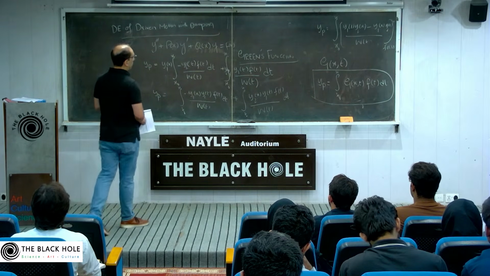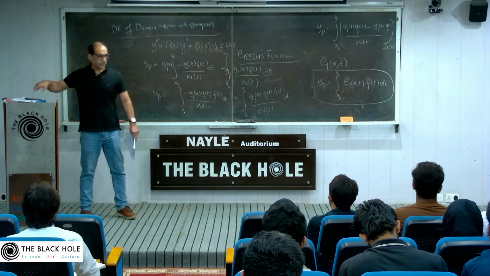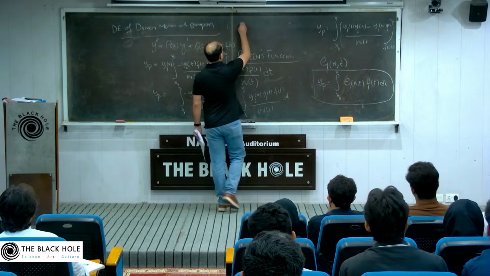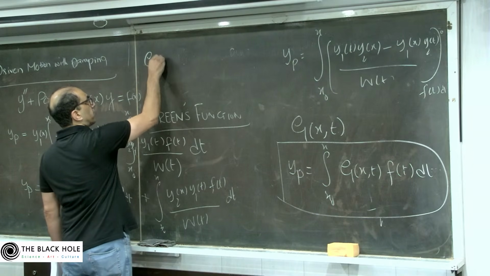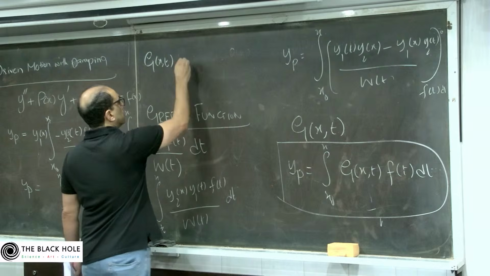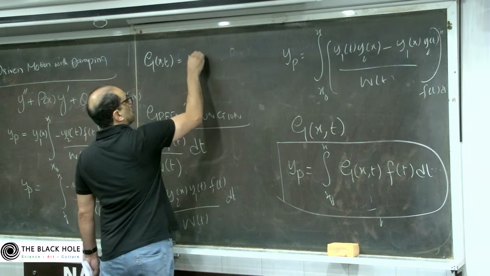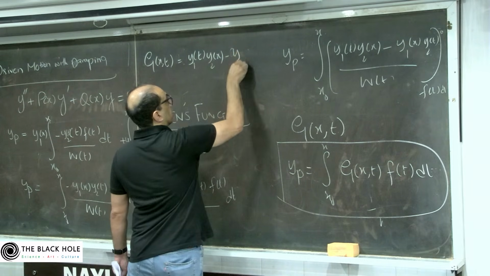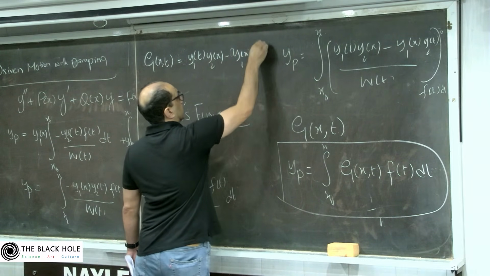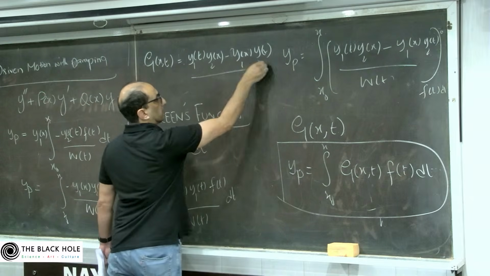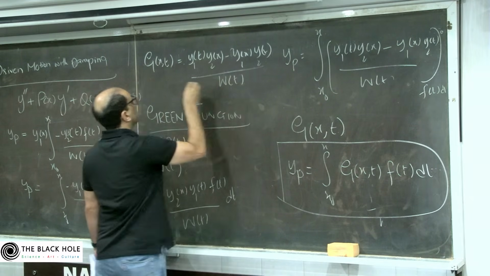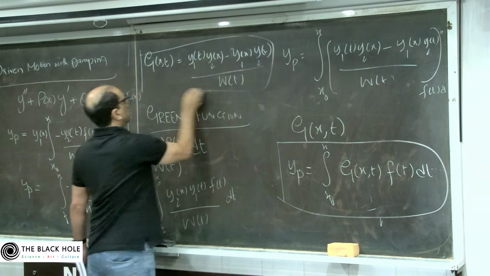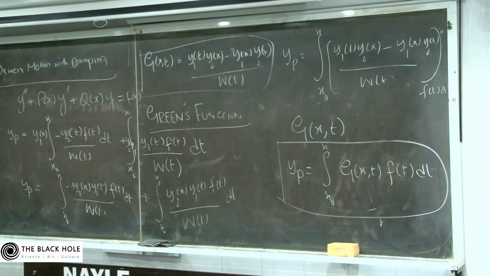What else can you make out of this? Now just have a look at the Green's function that I write here. Tell me, what is it that you can conclude from here? That is a very, very important thing.